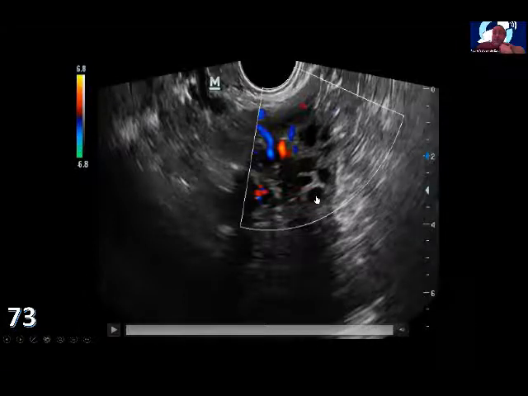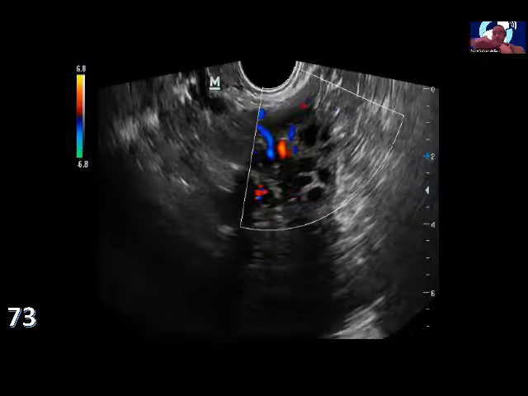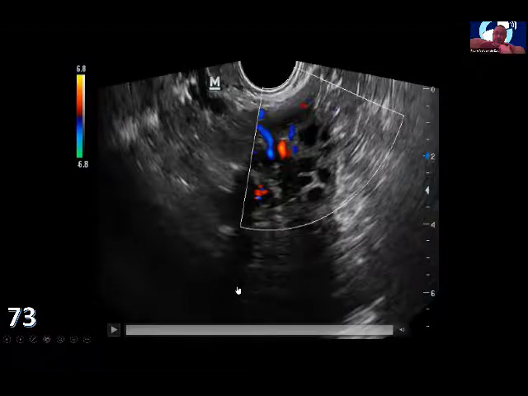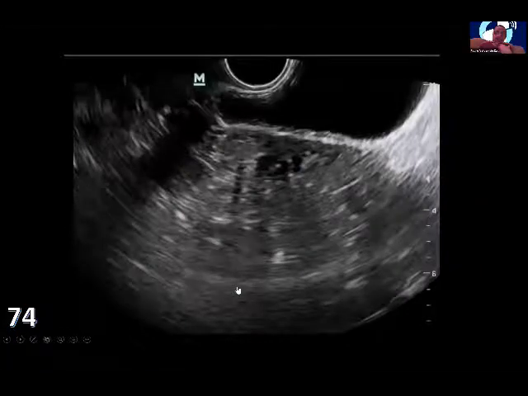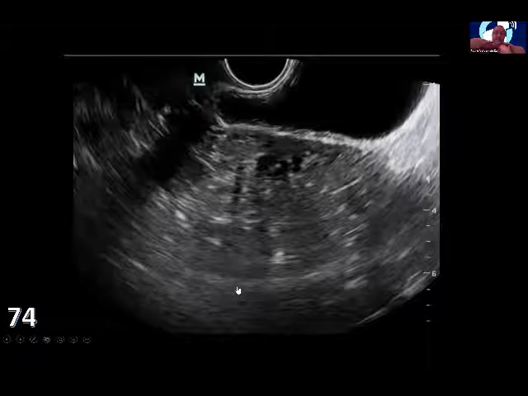This doesn't look like the thing we saw before, the black ball we saw through the abdomen. So we were right. That was not an ovarian cyst.